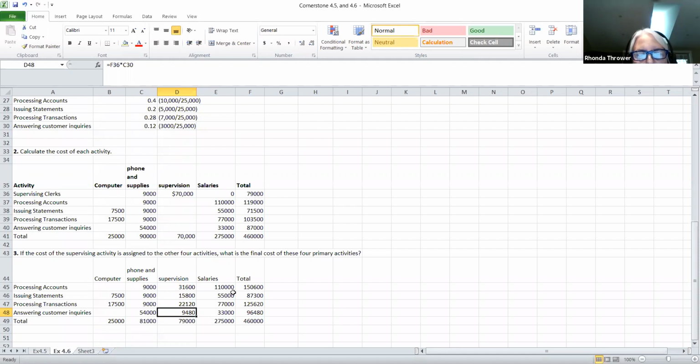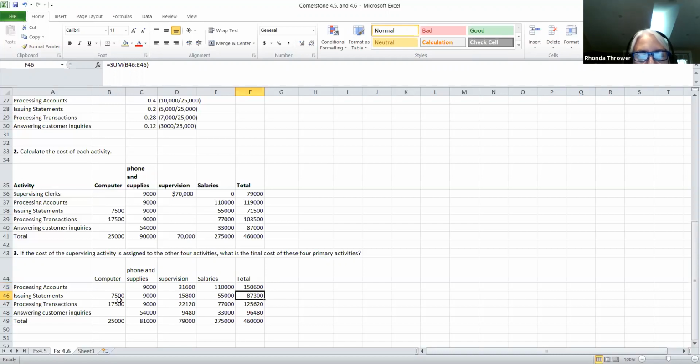So then you just retotal your lines straight across. And so processing accounts had phone and supplies, supervision, and salaries included in it to get the total here.